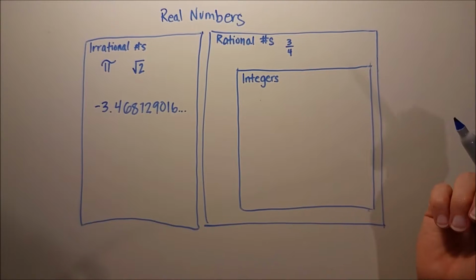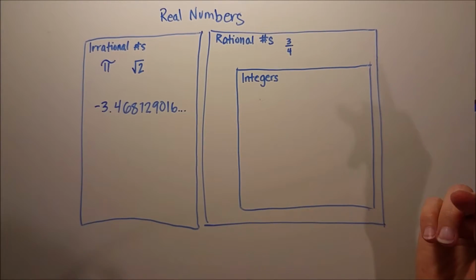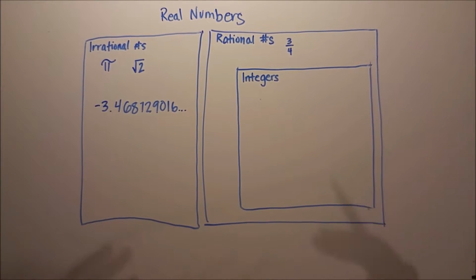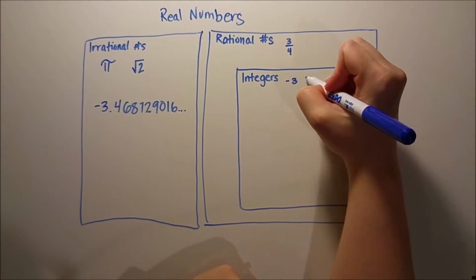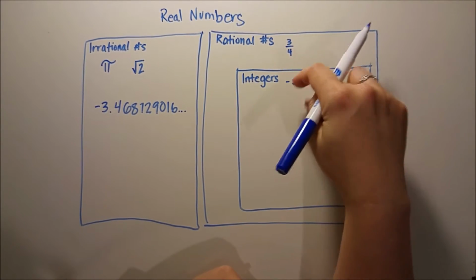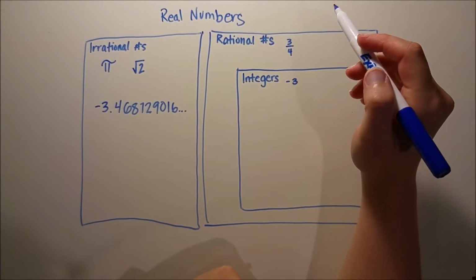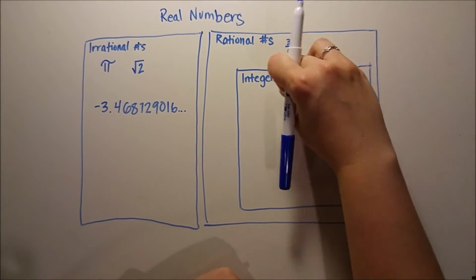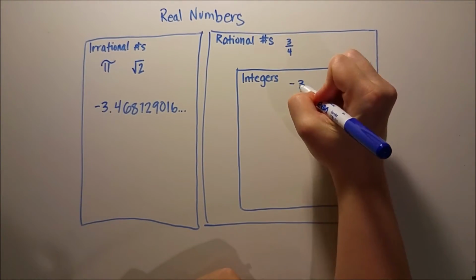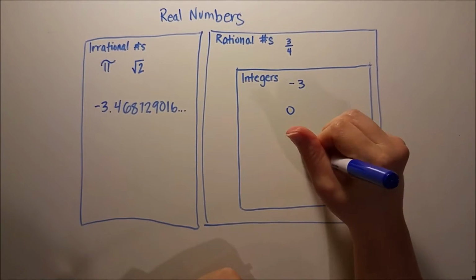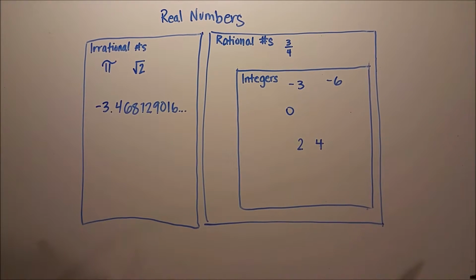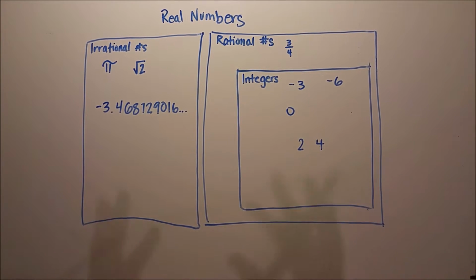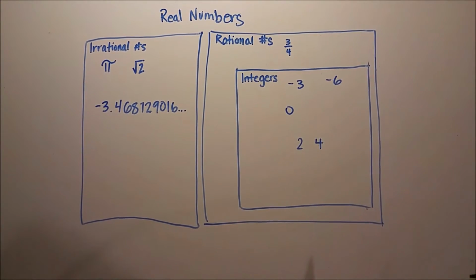All right, so integers are the negatives and the whole numbers. So these would be like -3, 0 actually goes in a different group. How about we do it this way? -3, 0, 2, 4, -6. Those are all integers. Okay, they're these whole numbers and their opposites, the negatives, and it includes 0.